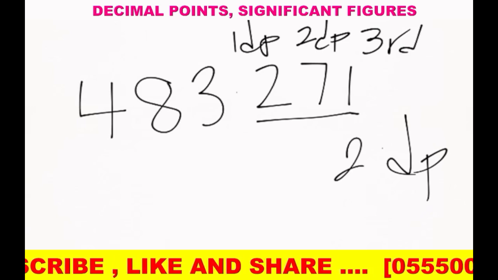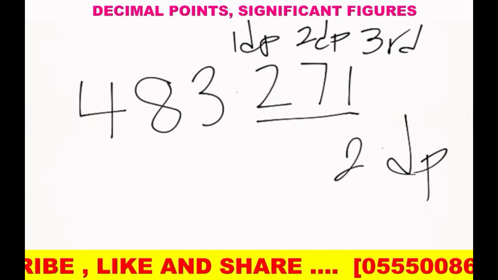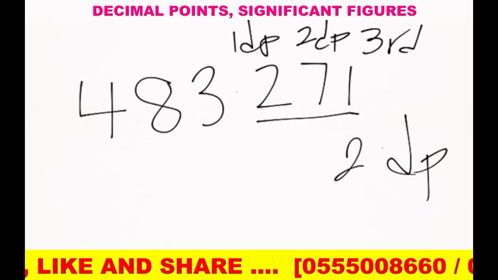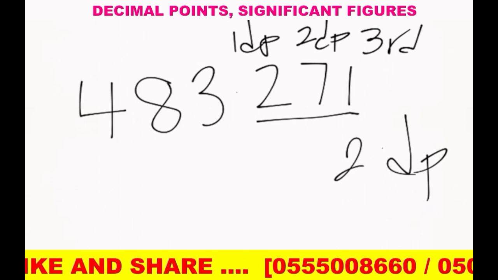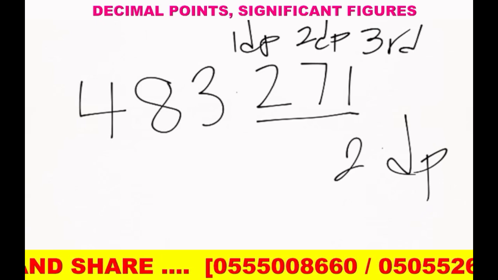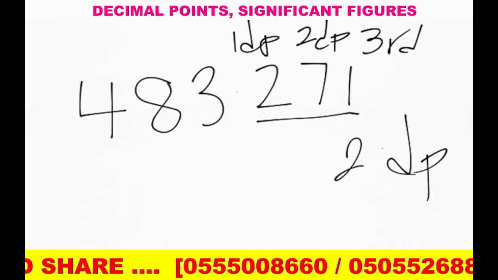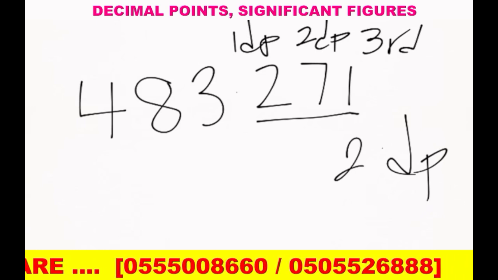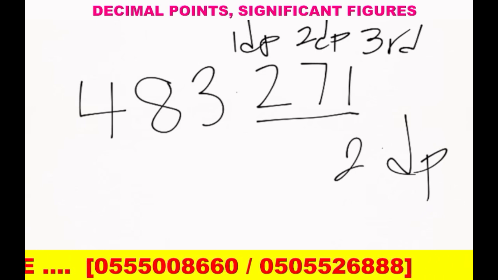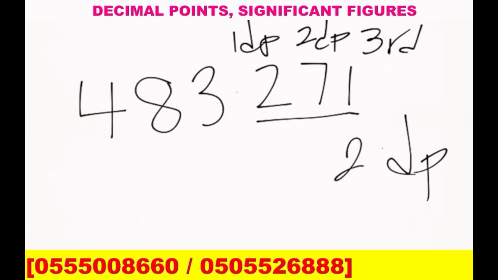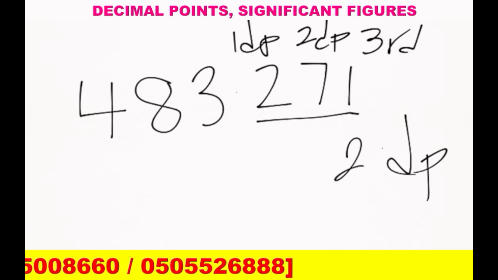I remember I said in a previous video that when we talk about the decimal places, we are talking about the numbers that come after the point. The numbers that come after the point are 2, 7, and 1, the underlined ones. They are the ones that come after the decimal point.